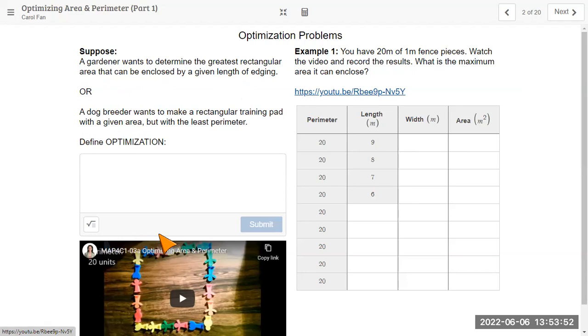So optimization, one way we can define it, is making the most out of a situation where we have a constraint.